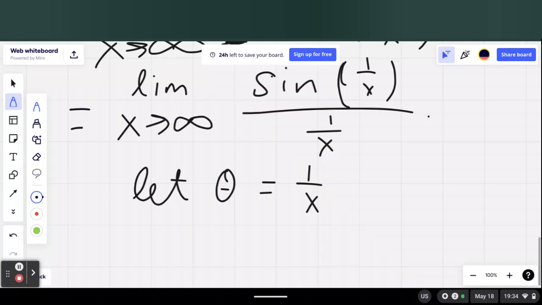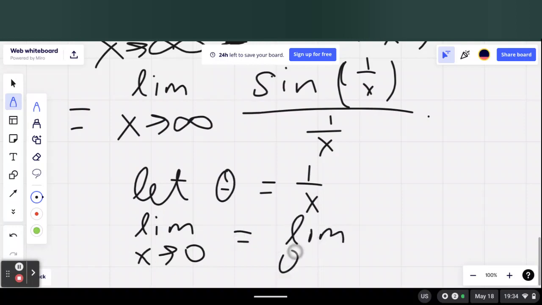If x is approaching infinity, that means 1 over infinity is going to be 0. Now, x does not actually get to infinity, x is approaching infinity, but when you have a constant over a very, very large number, this is going to be approaching 0. So instead of saying the limit as x approaches infinity, I can say it is equal to the limit as theta approaches 0, because this is basically 1 over infinity, which theoretically equals 0.